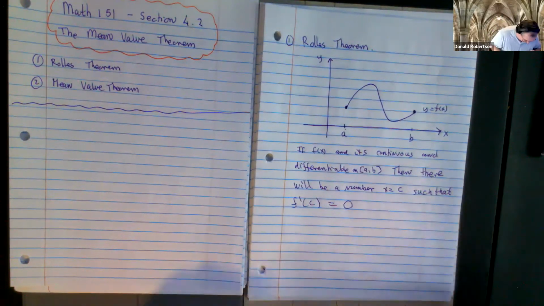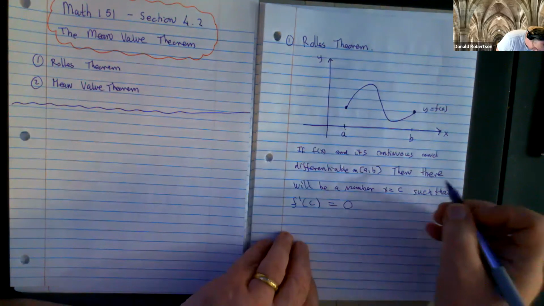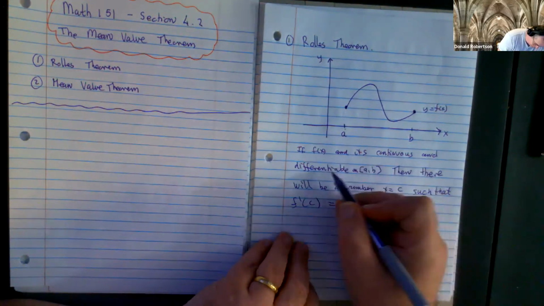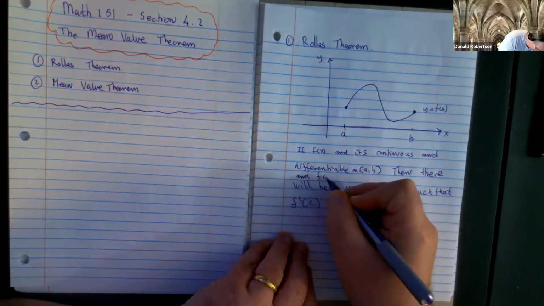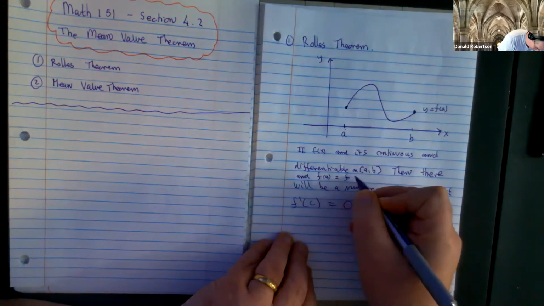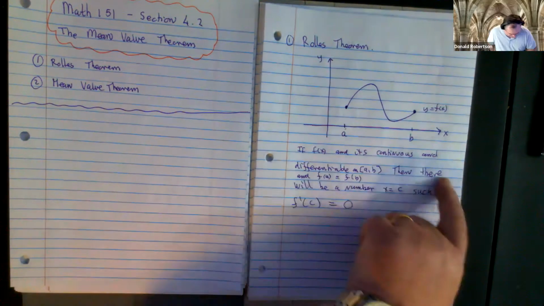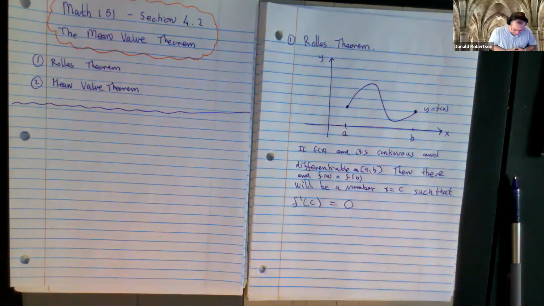Oh, and I've also forgotten to add in that f of x is continuous and differentiable in a and b, and that f of a is equal to f of b. Then there's guaranteed to be a number c such that f dash c is equal to 0.